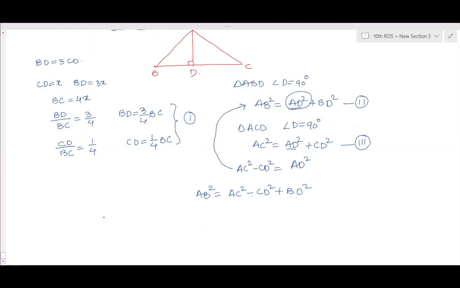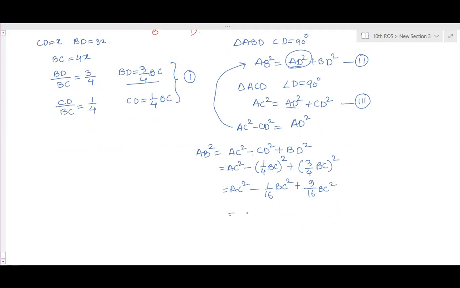Oh, okay, ma'am. And then we have the relation of CD in terms of BC, that is 1 by 4 BC whole square, and BD is 3/4 of BC, so 3 by 4 BC whole square. Now simplify. AC square minus 1 by 16 BC square plus 9 by 16 BC square.